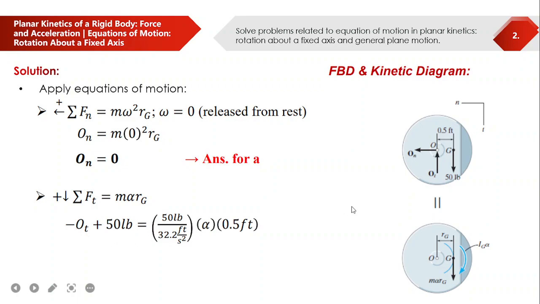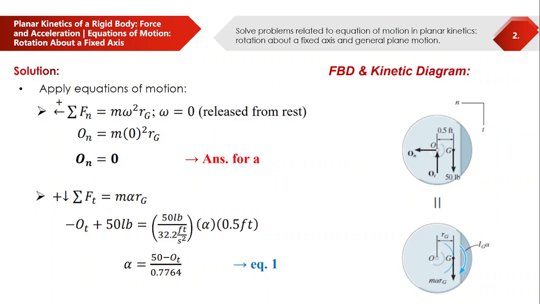Okay? Negative kasi nga pa-upward yung O sub t. And it is equal to the mass, again weight over g, times angular acceleration times r sub g, or 0.5 feet. Therefore, your angular acceleration is equal to 50 minus O sub t over 0.7764. So that's your equation 1, since dalawang unknowns dito, so we need another equation.